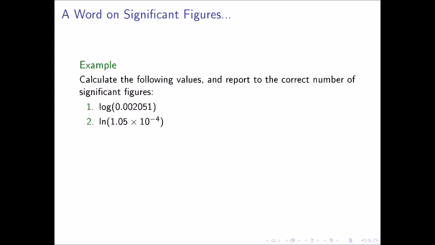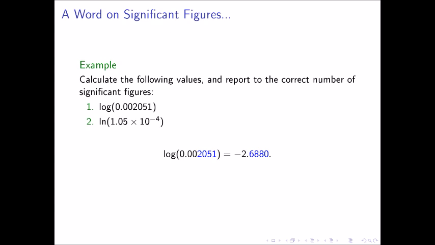Let's work an example. We will calculate the following values and report to the correct number of significant figures. First, we will look at the base 10 logarithm of 0.002051. Secondly, we will look at the natural logarithm of 1.05 times 10 to the negative 4. In our first case, the log base 10 of 0.002051 is equal to negative 2.6880.